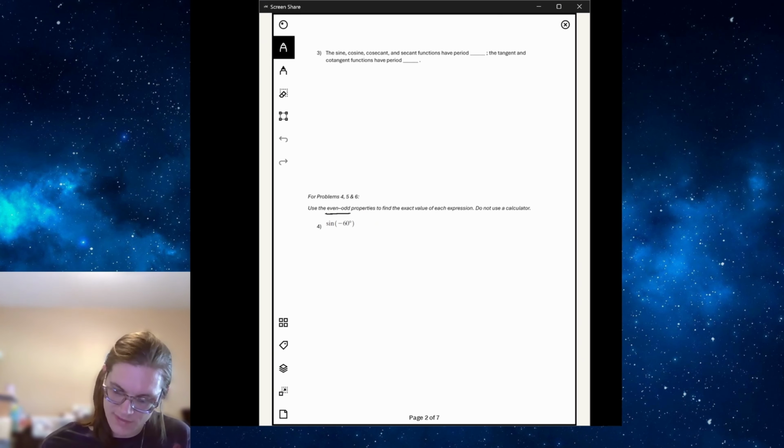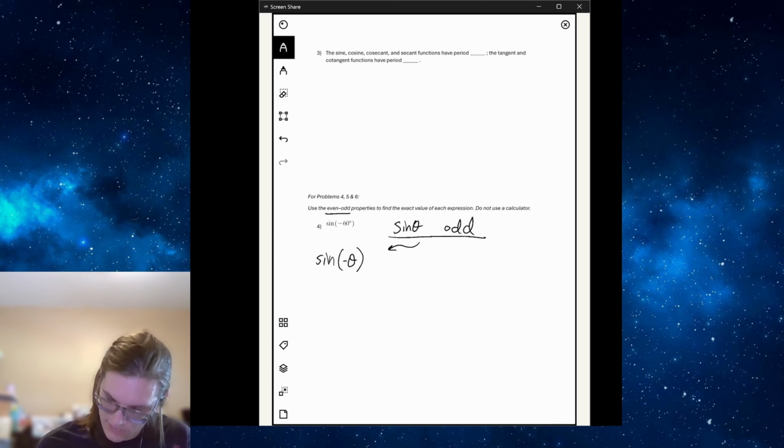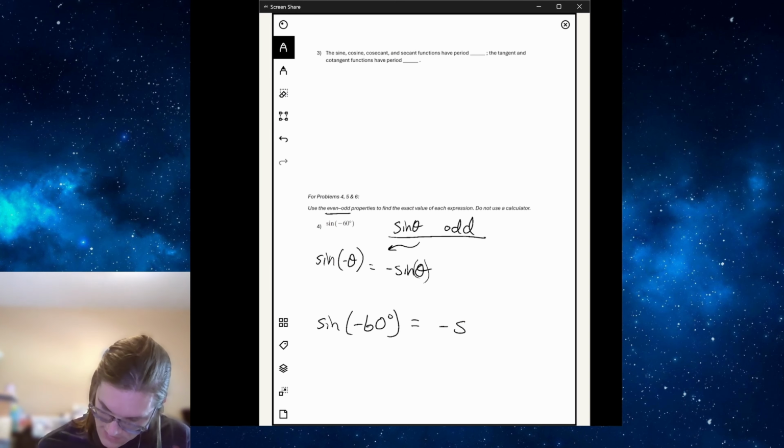Use even odd properties to find the exact value of each expression. So what it means there is, sine of negative 60 degrees: sine is odd, because this is true. Sine of some negative argument is equal to negative sine with a positive theta argument, which we're much more comfortable working with. Sine of negative 60 degrees is the same as negative sine of 60 degrees.